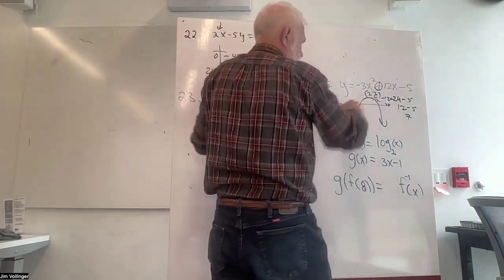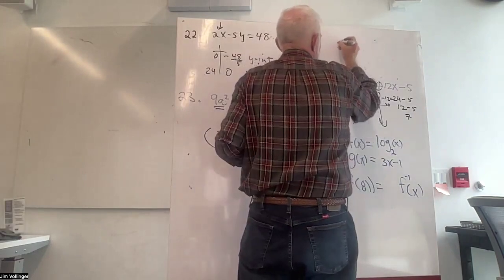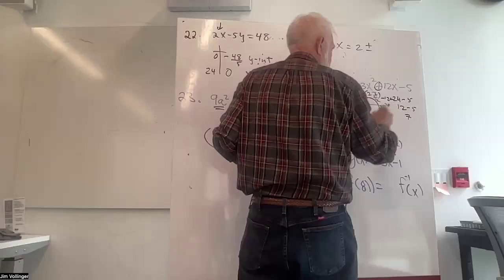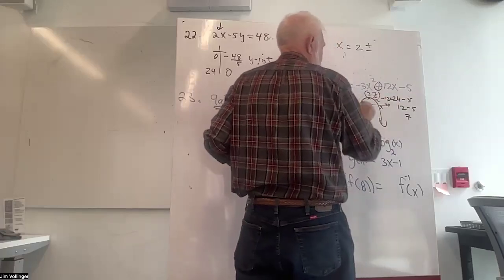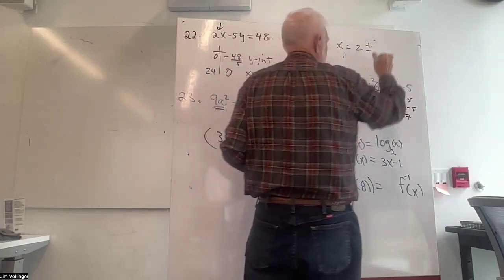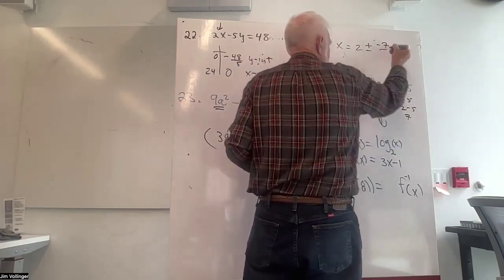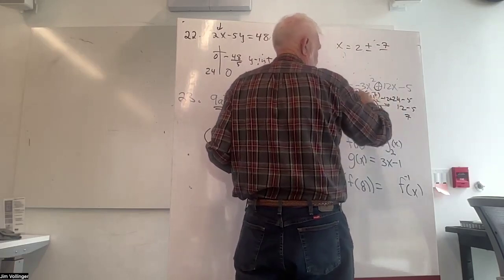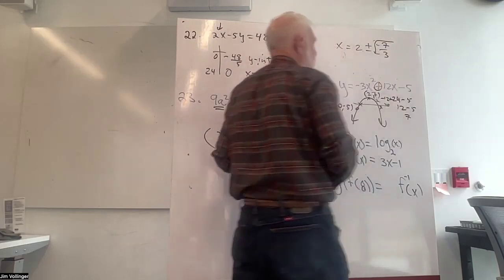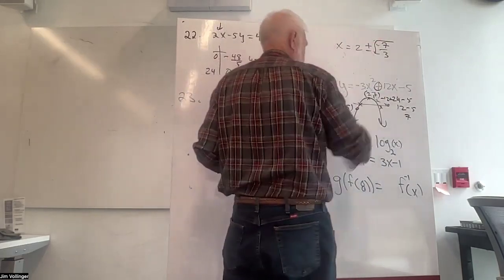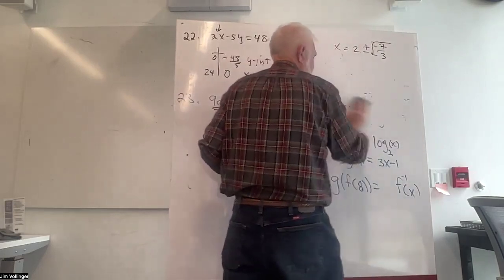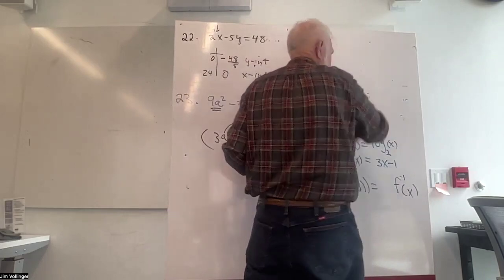And so now I can look at this and say, measuring from 2, I got to go plus or minus in that direction to find that X. I got to go to the right from this X, and I got to go to the left to get to this X. All right, and I have to move down 7 units, and I'm dividing by a -3. So negative into a negative is a positive, and the inverse of squaring is square rooting, and those are my roots. Now I can erase this, because you can pause the video and go back and look at what I did, because I'm talking very quickly.